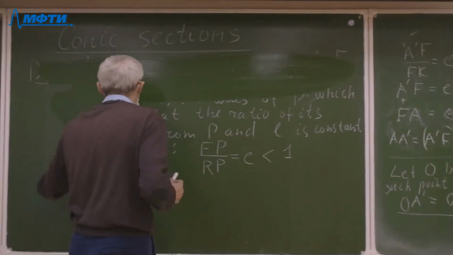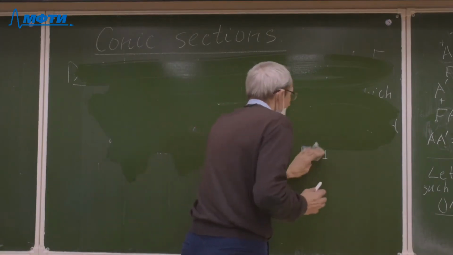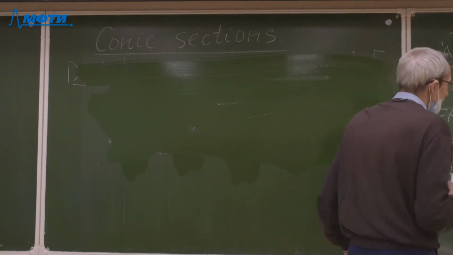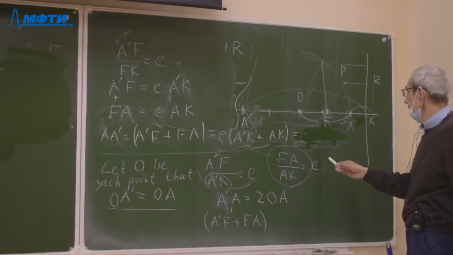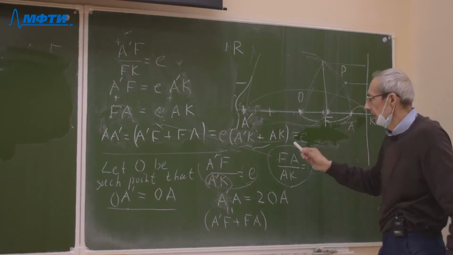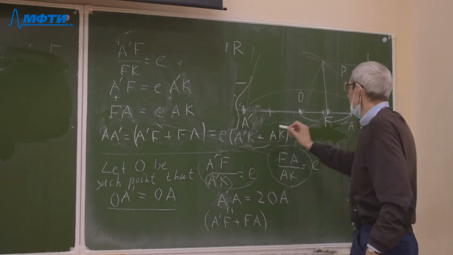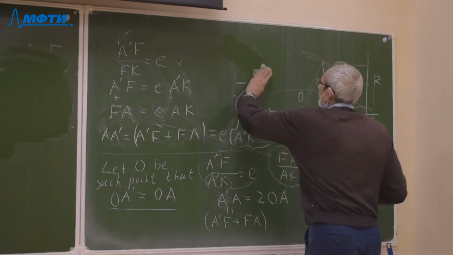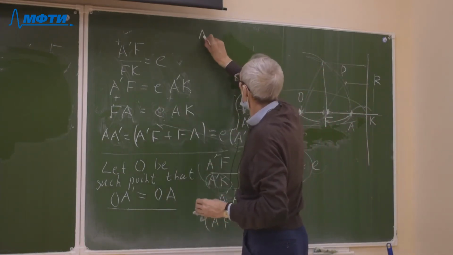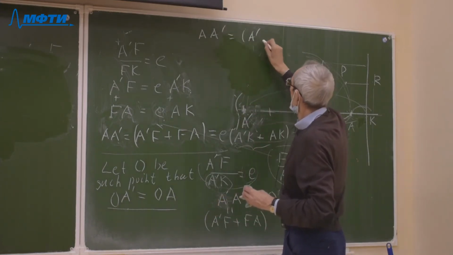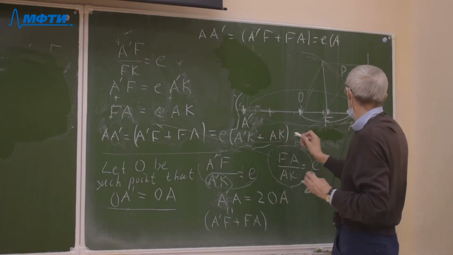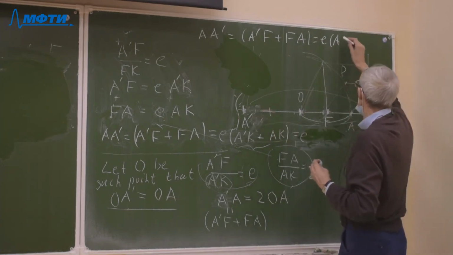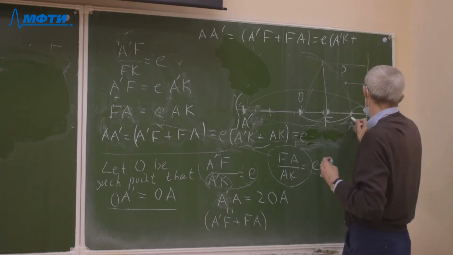Let's rewrite this equality. A prime A is equal to A prime F plus FA, which is equal to E times (A prime K plus AK).